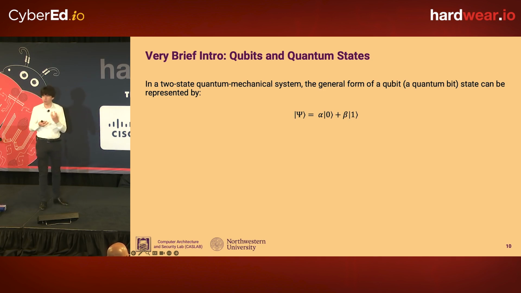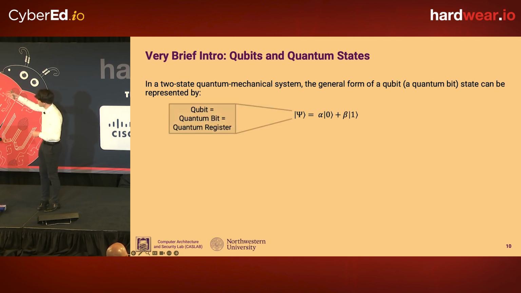You have to have some physical property that represents the two different states, and then your qubit, or quantum bit or quantum register, is basically that physical state holding the qubit, and each qubit is dependent on these basis states.